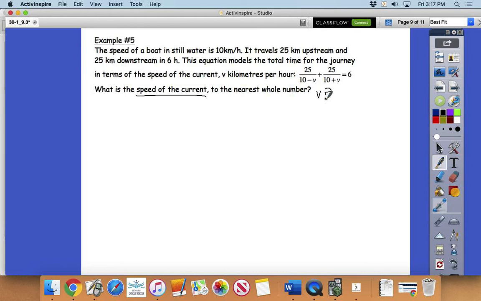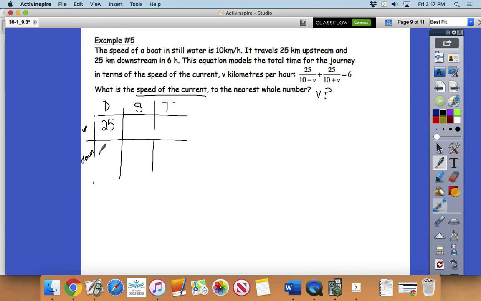So we're going to set up a chart here. We did this back, or we should have done this in 20-1, where we're comparing distance, speed, and time. So we have two things to compare, upstream versus downstream. We know that the distance they're traveling is 25 kilometers upstream and 25 kilometers downstream.